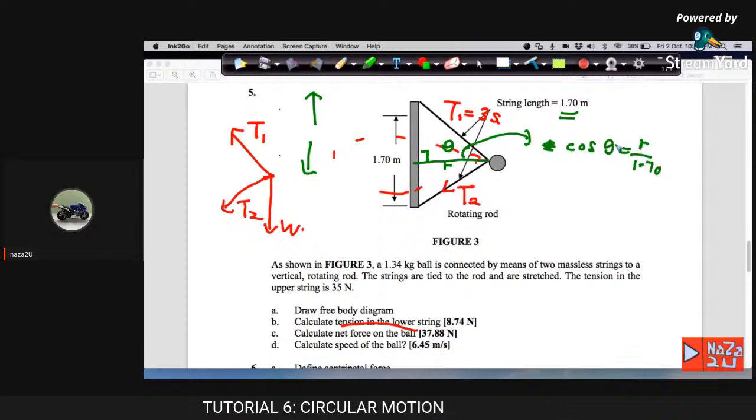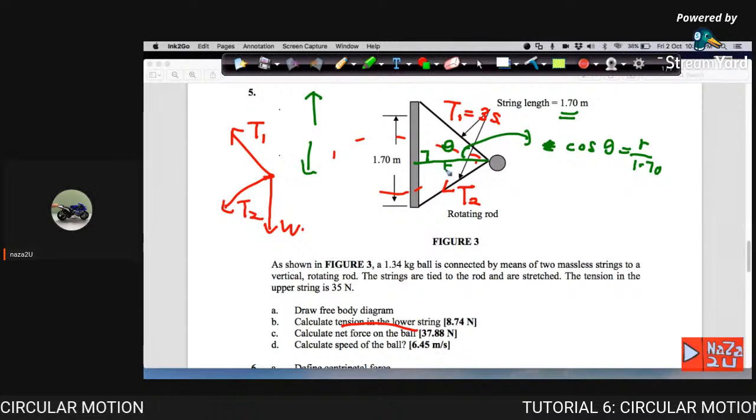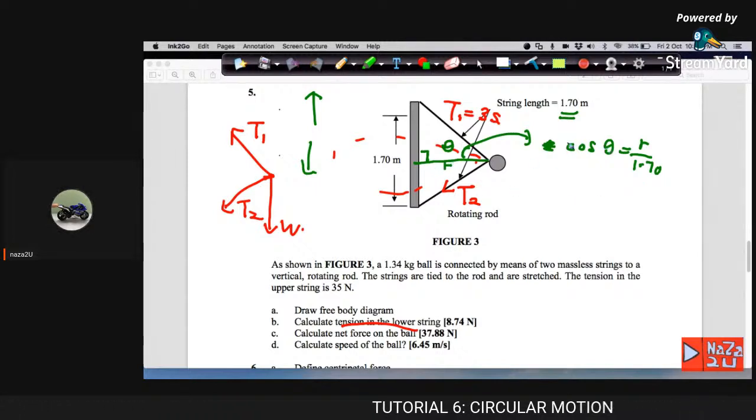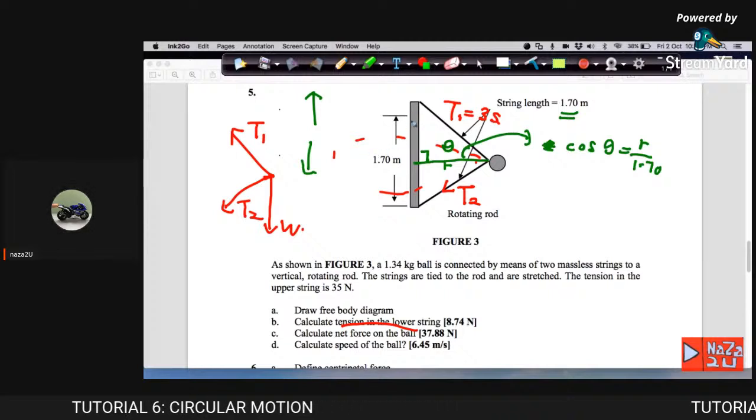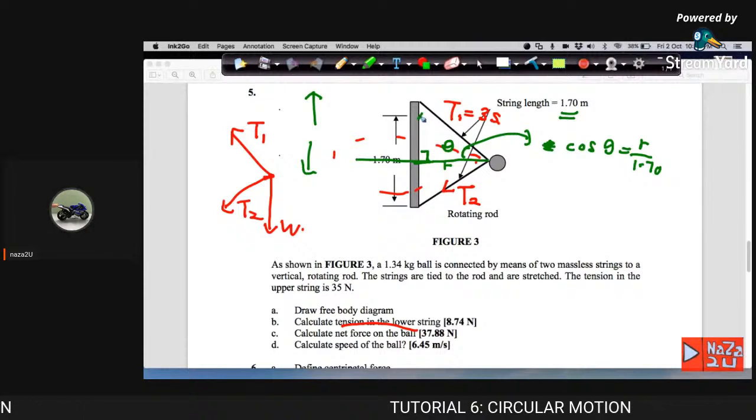Now you can find the value of theta. You can use the 1.7 here, and half of it is the length we need.